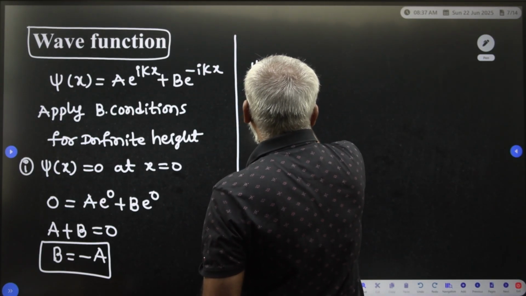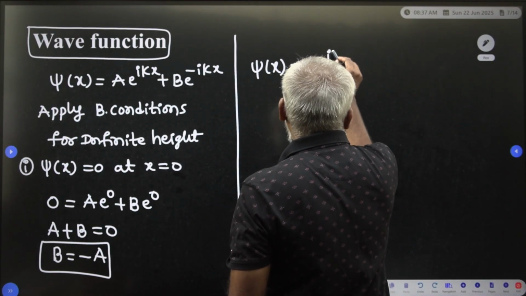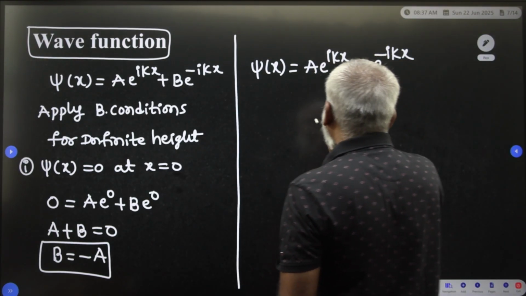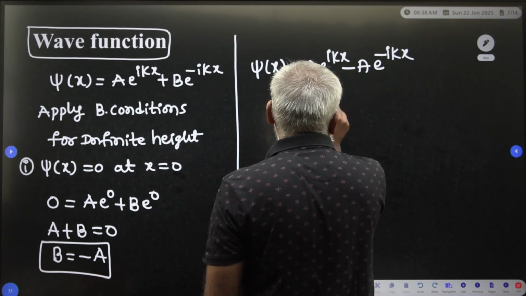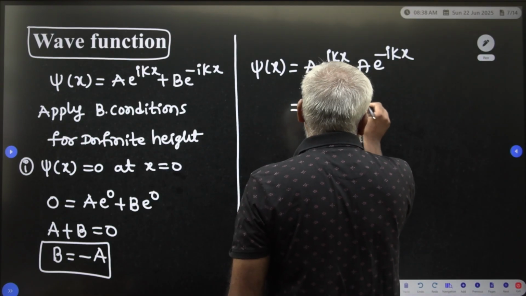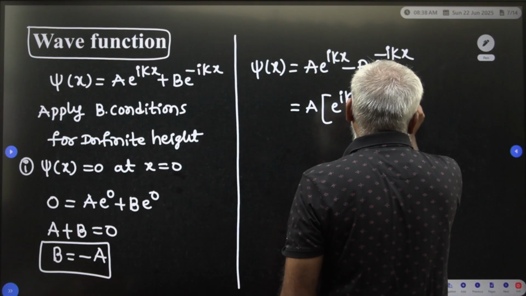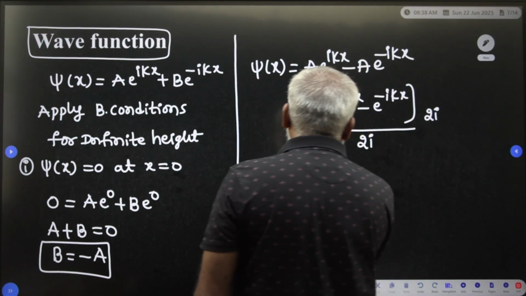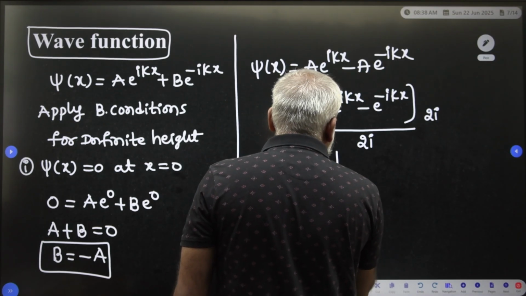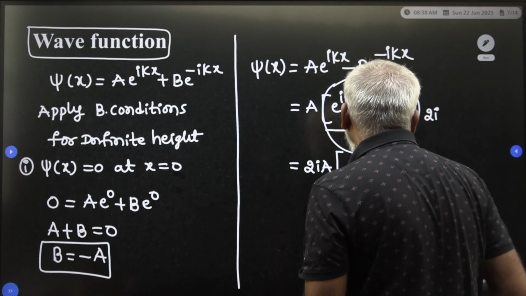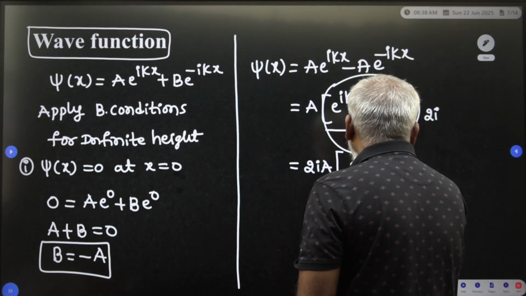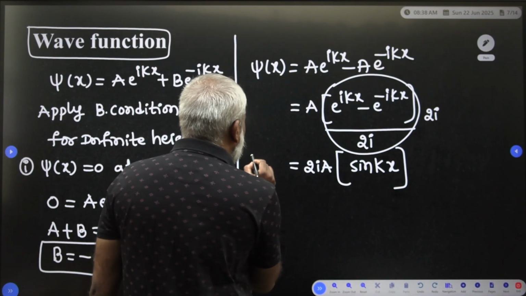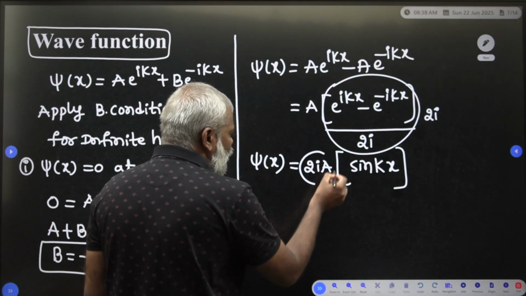So ψ(x) = A e^(ikx) − A e^(−ikx). You are able to take A common: A(e^(ikx) − e^(−ikx)). Dividing and multiplying by 2i, we get 2iA times (e^(ikx) − e^(−ikx))/2i, which is sin kx. Therefore ψ(x) = 2iA sin kx.